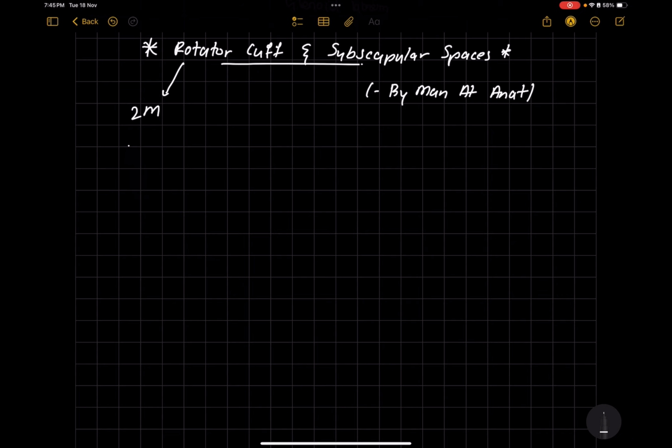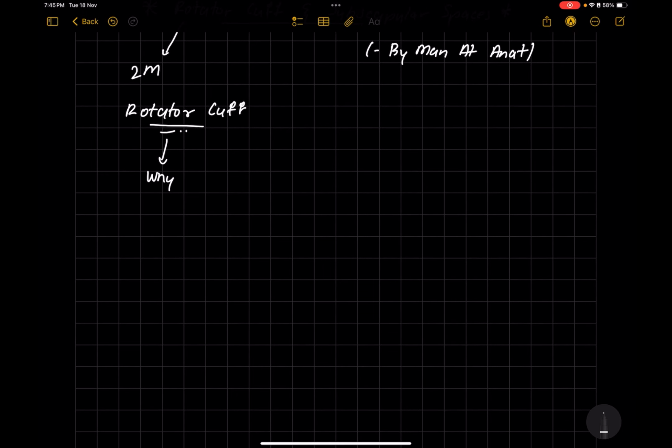So starting with the rotator cuff. You might ask why the rotator cuff is there. What is the need of the rotator cuff? Why has nature given us this particular cuff? The answer is pretty simple.